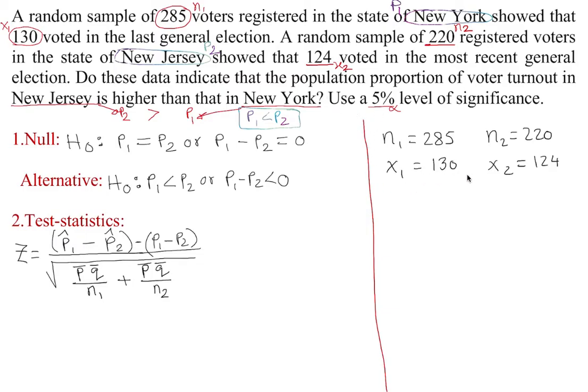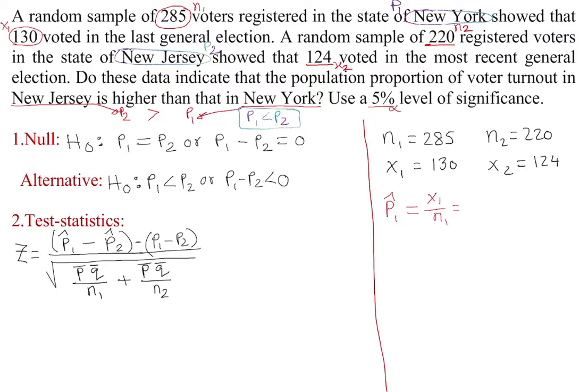Okay, but how do you find the sample proportion? This is what we know, only sample size 1 and sample size 2 are right there. But for the sample proportion, we're going to find p hat 1, which is equal to x1 over n1.